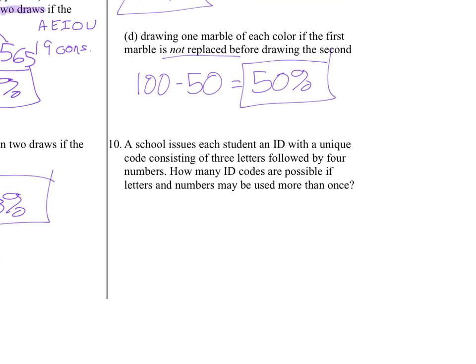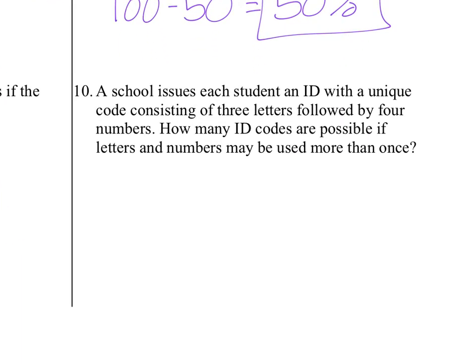Okay. Pretty easy. A school issues each student an ID with a unique code consisting of 3 letters followed by 4 numbers. So what do we have? We have 3 letters, and how many numbers? 4 numbers. 1, 2, 3, 4.